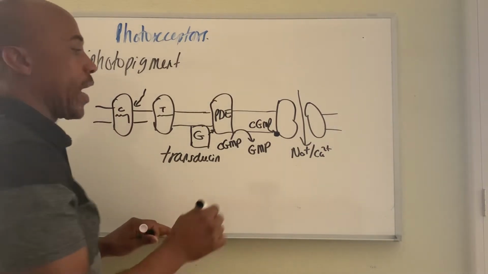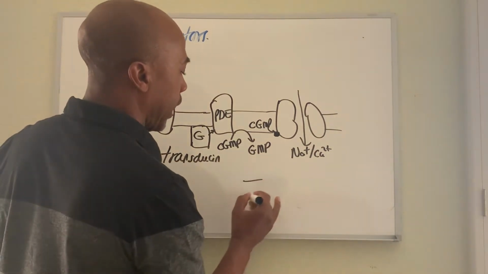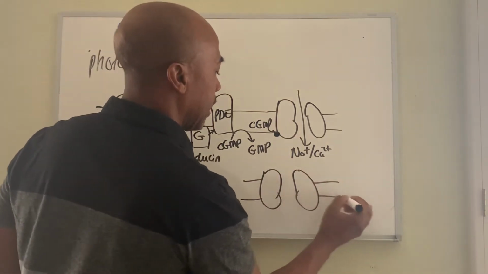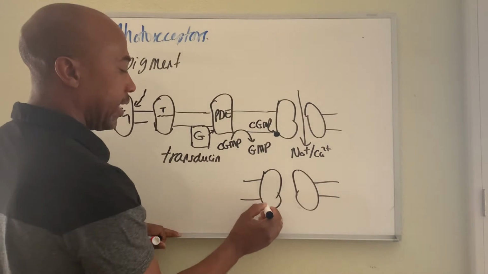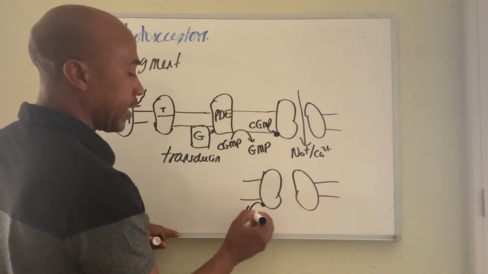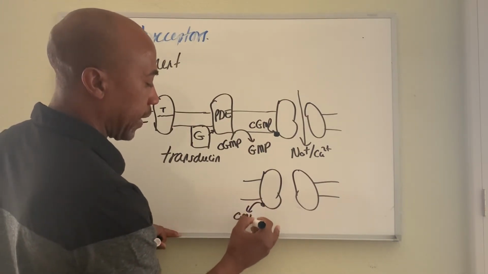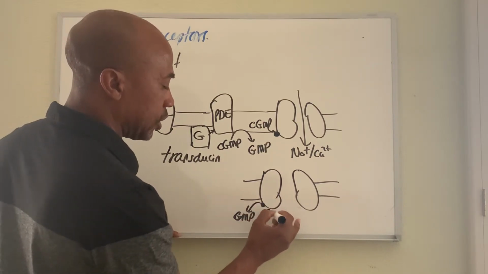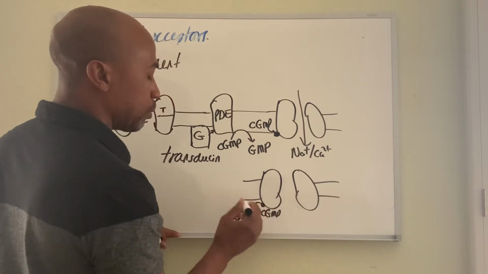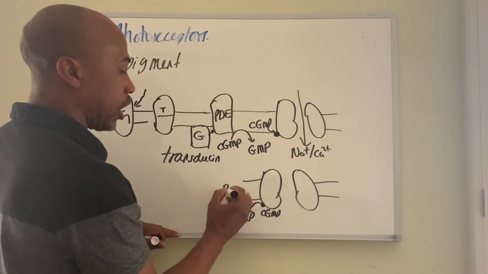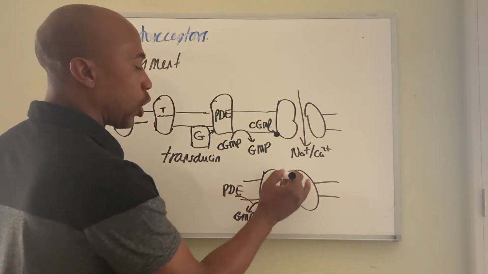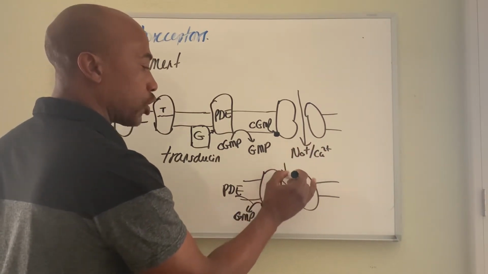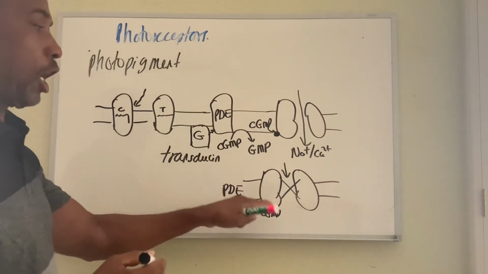And so when the cGMP is being converted into just GMP by your phosphodiesterase, that will close the gate. And so these ions cannot come in anymore. So whenever there's light, the gate closes.